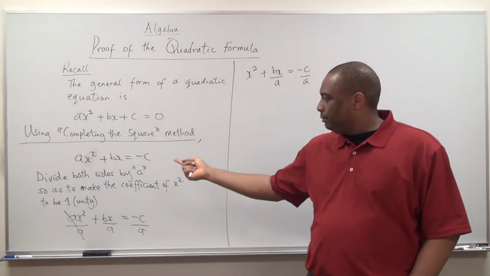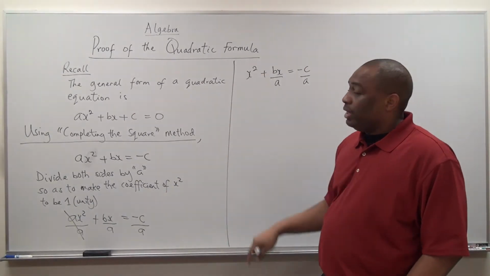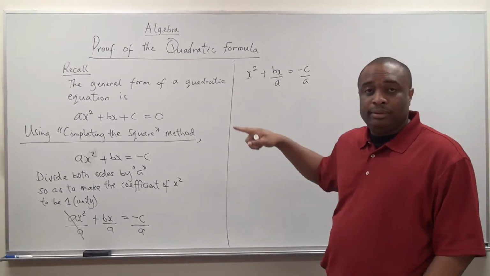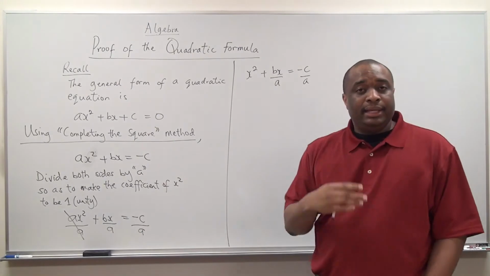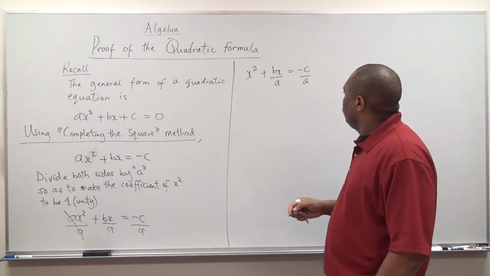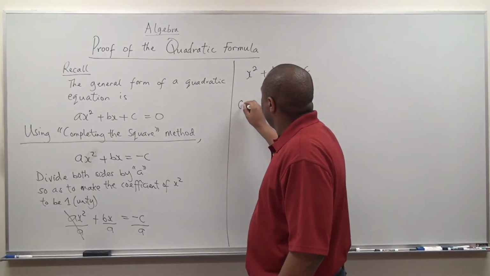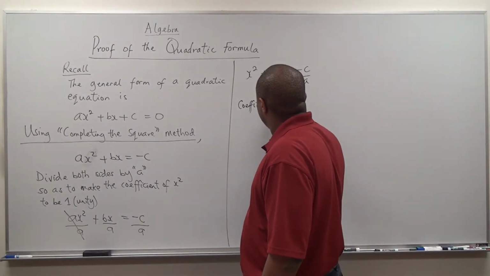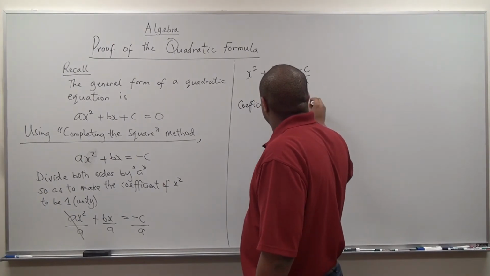The first step is to make x squared unity. The second step is to find what you will add here to make the expression a perfect square. So, of course, we have a coefficient of x. The coefficient of x is what? b over a.